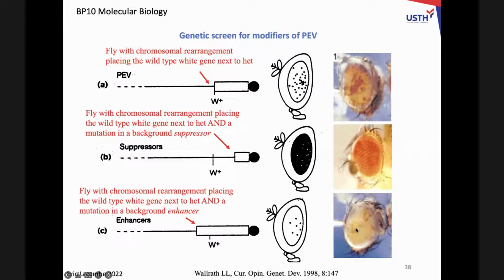Do you understand this process? It's okay or not? Yes. So it is a very clever process because you use an artificially generated fly, because it's a transgenic fly, okay?